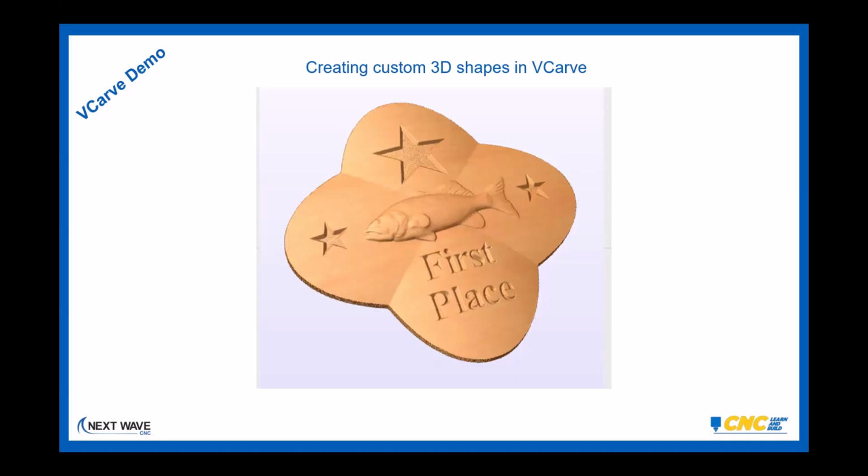However, if this fish wasn't in Desktop, you could go out to the Vectric website, purchase the fish, and bring it into Desktop. So Desktop comes with a certain number of clip arts, but you're not limited to only using those. Everything you buy off the Vectric website will work in Desktop.